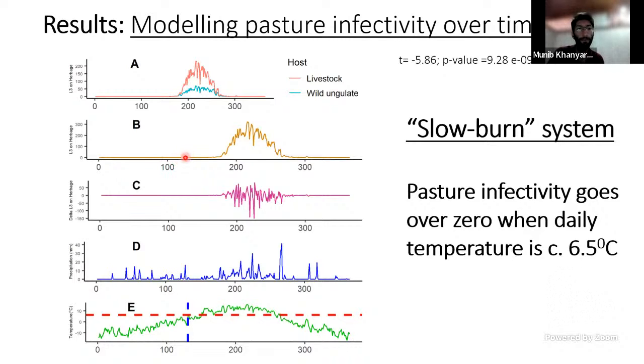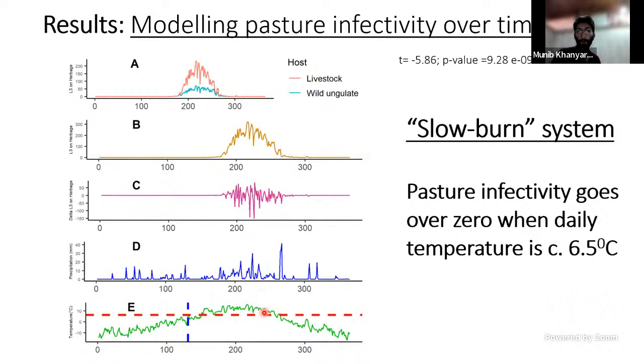It's not able to be visually seen here because of the scale. And it takes almost those 2 months till you have this build-up and peak in pasture infectivity. So it's a lot to do with warming temperatures post the winter. And then you have this warm period, which then goes back down post the autumn, and that's when the infectivity also goes down.